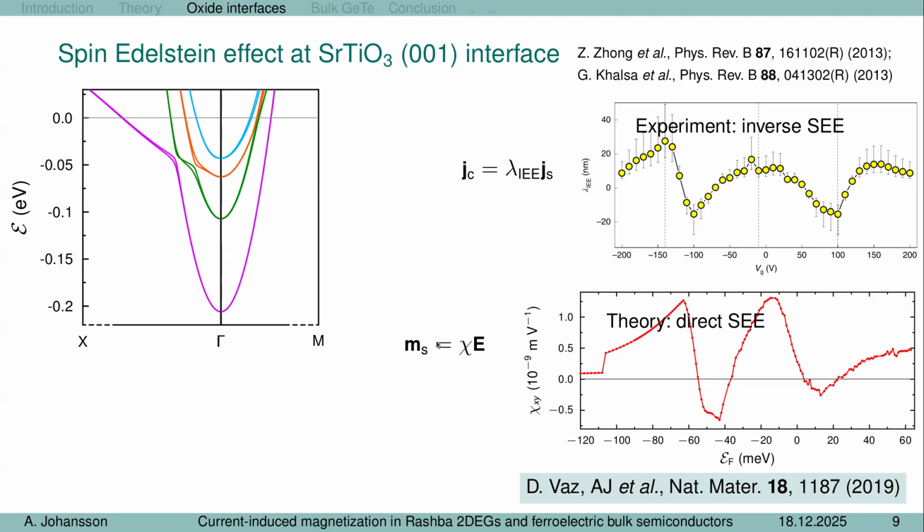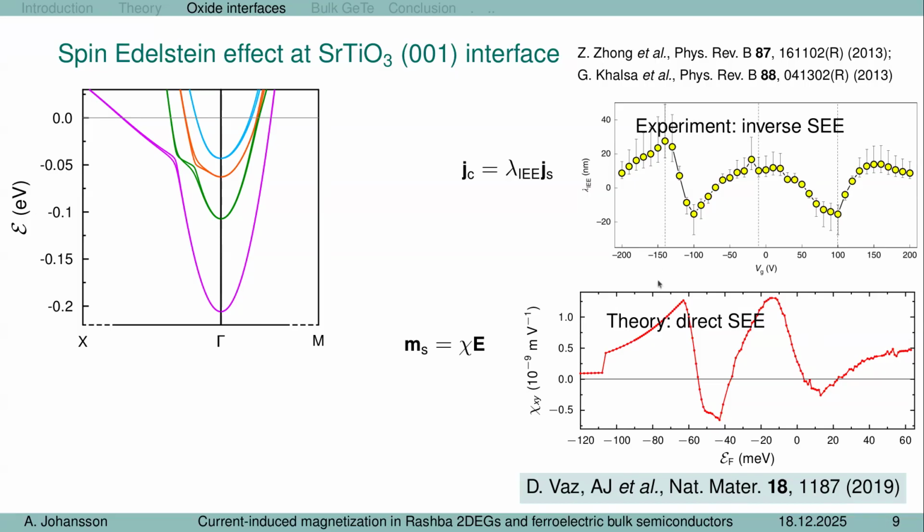This tells you how much magnetization or magnetic moment is generated by applying an electric field. And so we can compare these curves qualitatively. In our simulations, we simulated this modified charge carrier density just by a rigid band shift. So we just shifted our Fermi level, which is a rough approximation, but it's reasonable for this purpose.